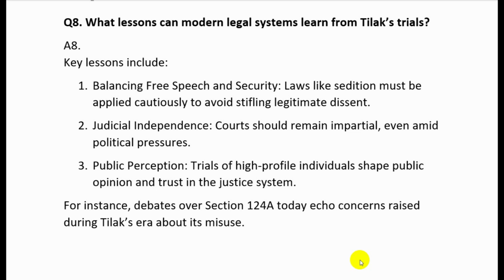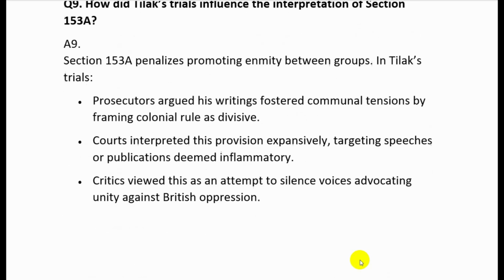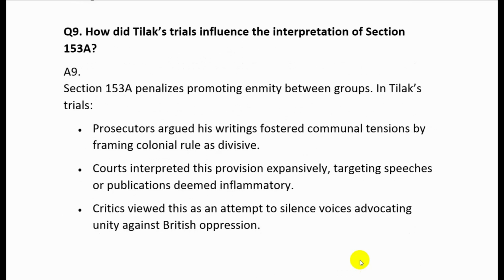Courts should remain impartial even amid political pressures. Third, public perceptions. Trials of high-profile individuals shape public opinion and trust in the justice system. For instance, debates over Section 124A today echo concerns raised during Tilak's era about its misuse.